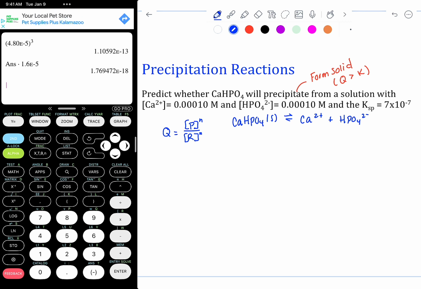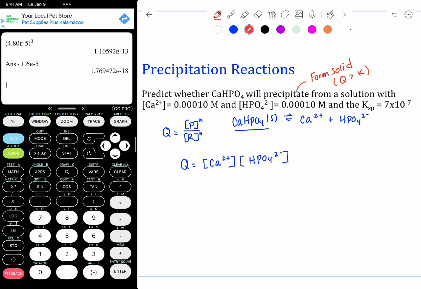Everything's in a 1-to-1 ratio. So Q is going to be equal to the concentration of the calcium ion times the concentration of the hydrogen phosphate ion. Remember, we don't consider the calcium hydrogen phosphate because it's a solid, so it won't participate in determining that equilibrium value or that reaction quotient.